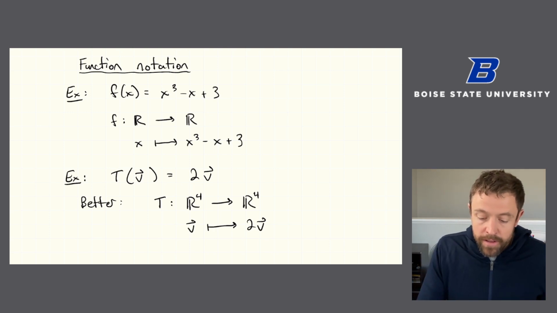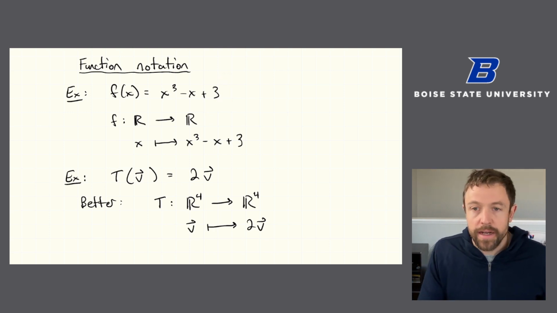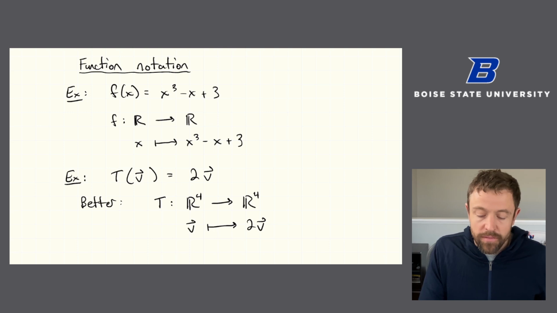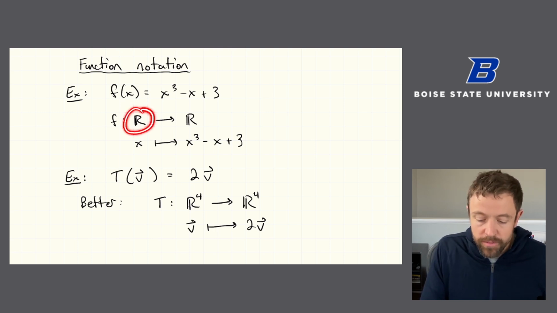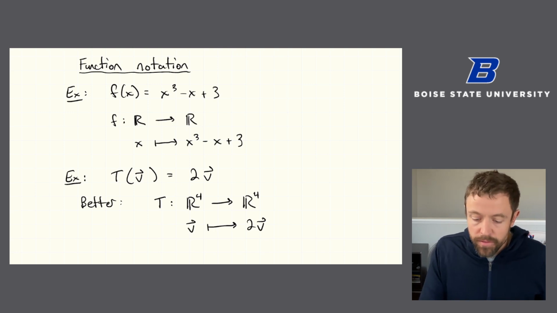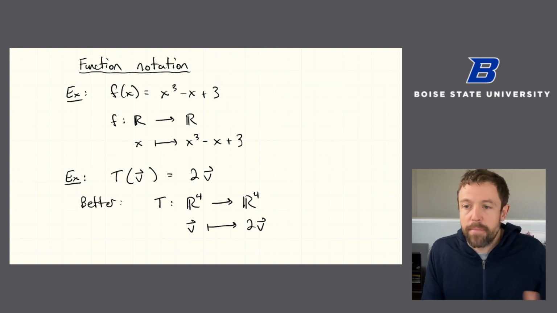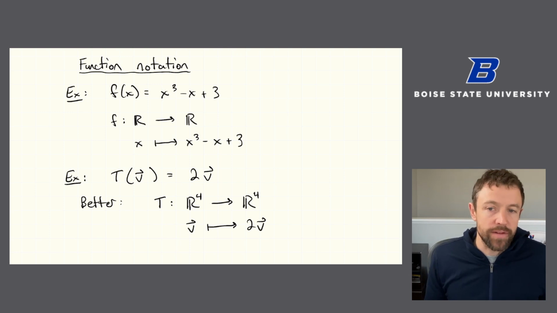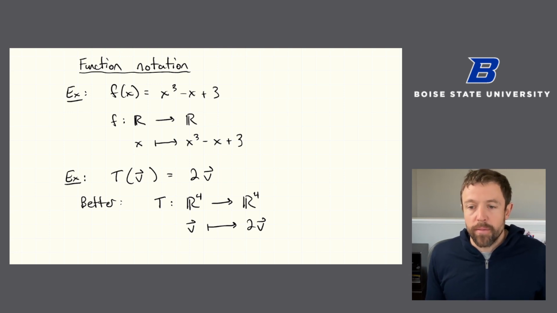Here, this function notation was totally fine if you're in a calculus or an algebra course because all of your functions essentially are taking real numbers as inputs and giving real numbers as outputs. And so there's no problem with writing things like this. It's not bad. It's just when you get into a course like linear algebra where we're considering lots of different vector spaces, or as you take more math courses, a lot of the value of math is that it generalizes to lots of situations.